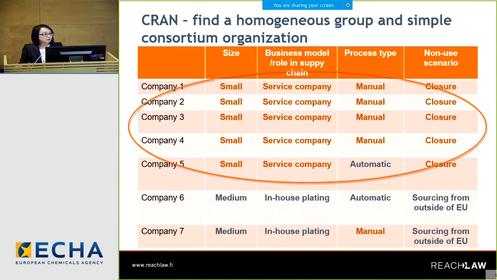Based on the result, you see there are 5 companies. What makes them homogeneous is basically their business model. They are service providers, and because of this, their view or forecast for substitution is similar.